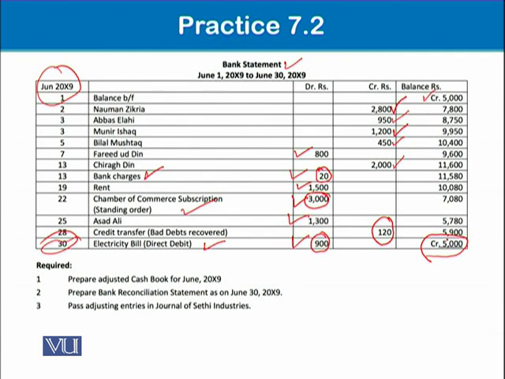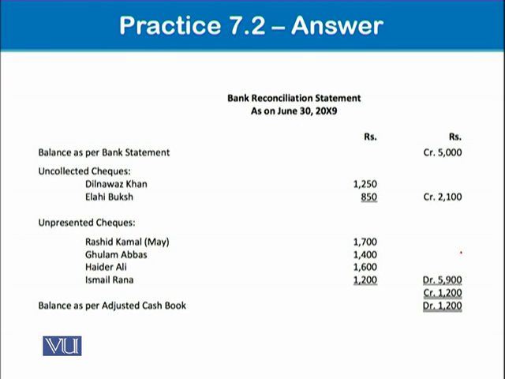So go back and see what was our closing balance as per bank statement, that is 5,000. We will put that closing balance of bank statement in our bank reconciliation statement as on 30th June. Here credit 5,000. And now we will put uncollected and unpresented checks.